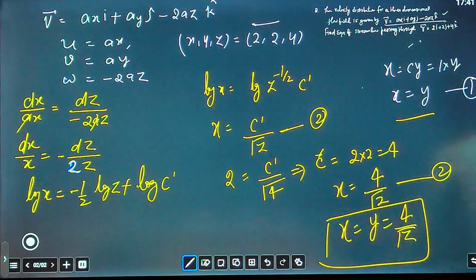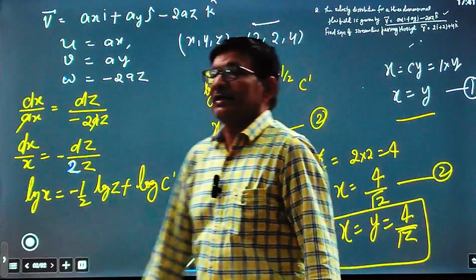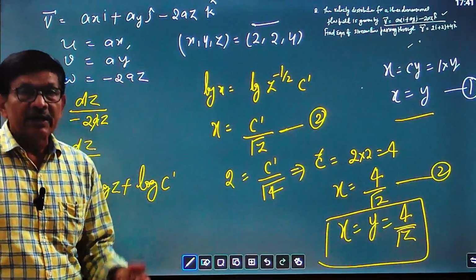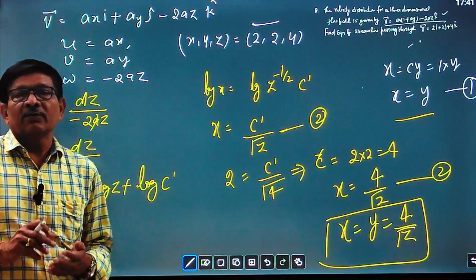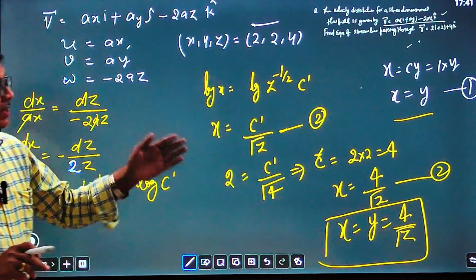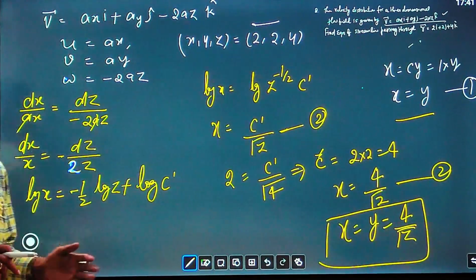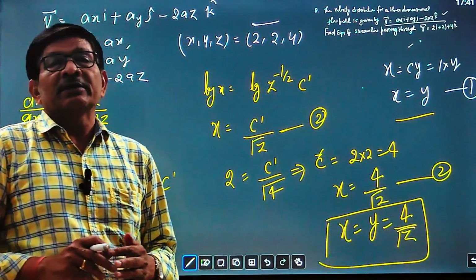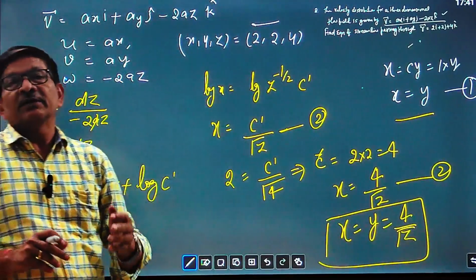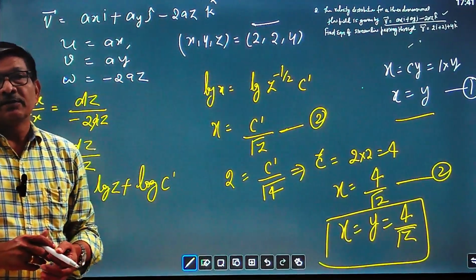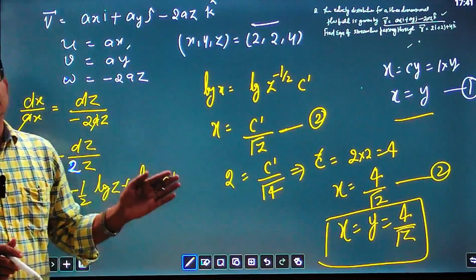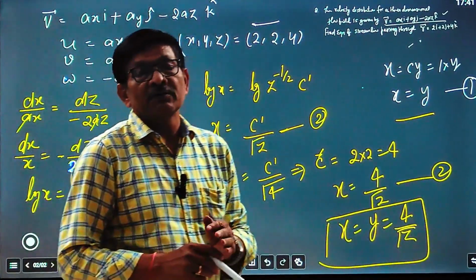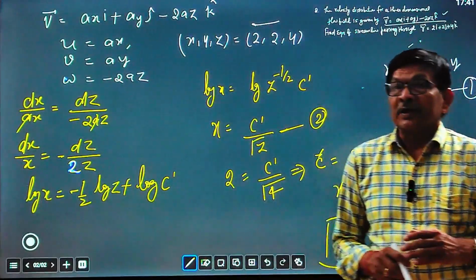This is the simplest question that I have taken just to make the concept understandable to everyone, and almost the same concept is applied for finding all streamline equations. And this is a very favorite question for the GATE examination and Indian Engineering Service examination. And this concept will be applied for finding the stream function.